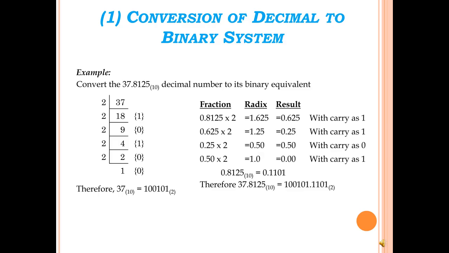And as we do not see any numeric value 1 before the dot, we see only 0, so we keep that 0 as a carry forward. Now 0.50 gets multiplied by 2 and gives the answer as 1.0.